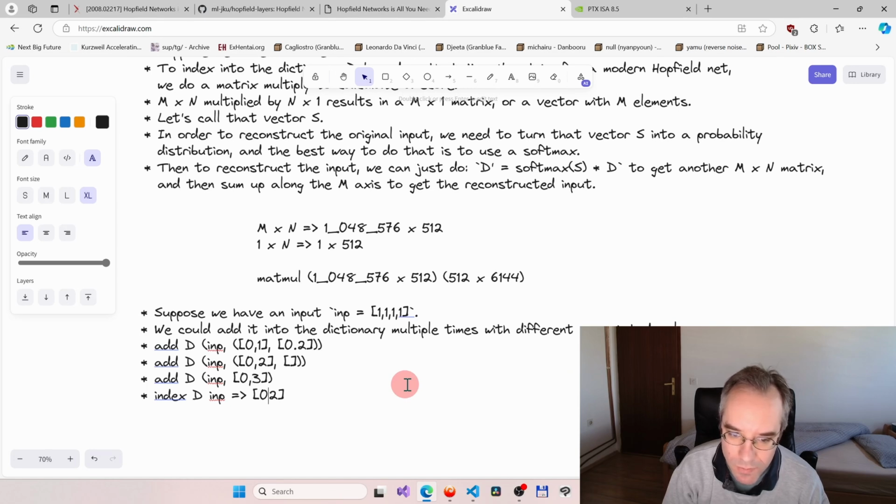We can even make it something more elaborate. Let's make this 5. Let's make this 10. So this would have an average of 5. And this would be 0.2, 0.8, for example, 0.4, 0.6. They need to sum up to 1 because this is a probability distribution.